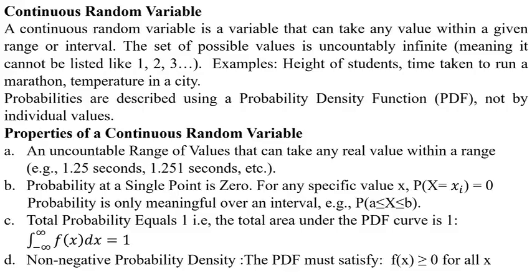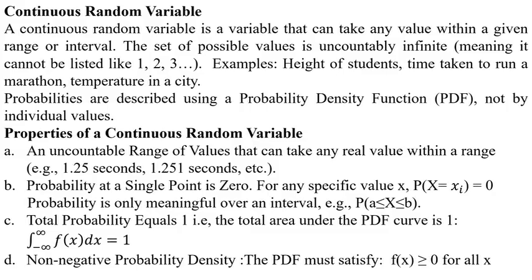So a continuous random variable is a variable that can take any value within a given range or interval. Probabilities are described using the probability density function, PDF, not by individual values, where we use the probability mass function. In discrete, we use the probability mass function, while in continuous, we use the probability density function.